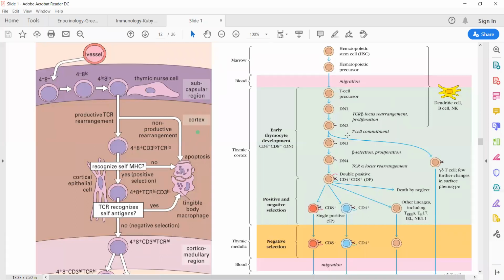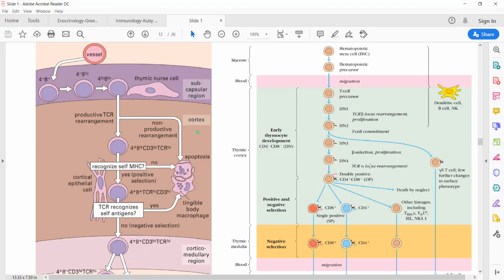As we move further down, a subset of T cells which do not recognize antigen in complex with MHC diverge out. This is the gamma delta T cell. Then, so that diverges out, the double negative 2 then moves to the double negative 3 stage. The beta chain is completed, and then finally the TCR alpha chain is completed.